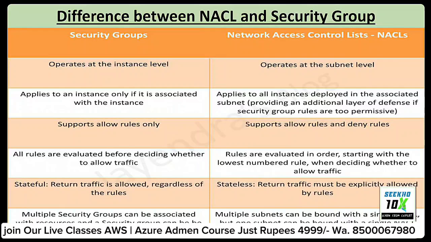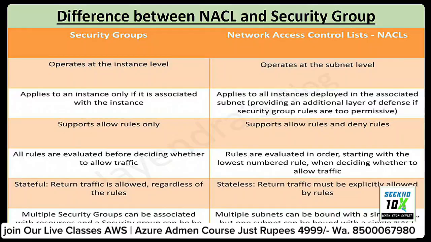I will explain how to create deny rules at the time of the lab. The security group is stateful: return traffic is allowed regardless of the rule. So if you allow the traffic, then definitely it will allow your traffic. Whereas a NACL is stateless: return traffic must be explicitly allowed by a rule.